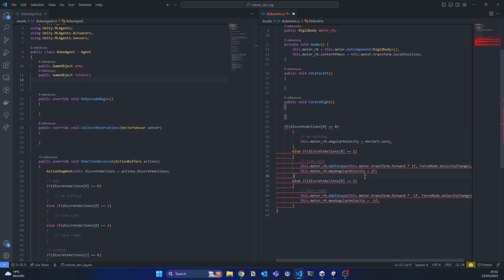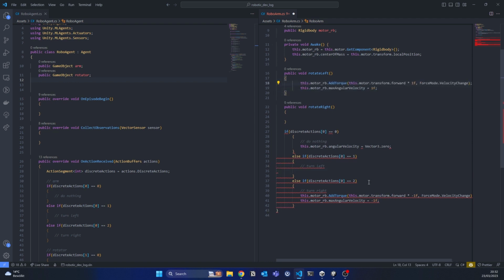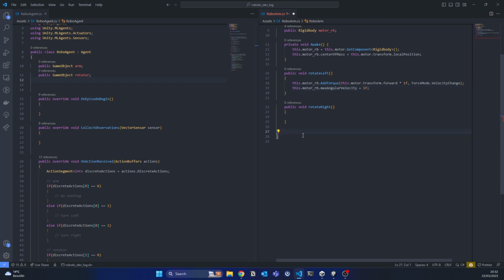Okay, and so what we have to do is turn left is this part here that we are recycling from our last session, and the turn right is this part. Then we can actually delete all of this.